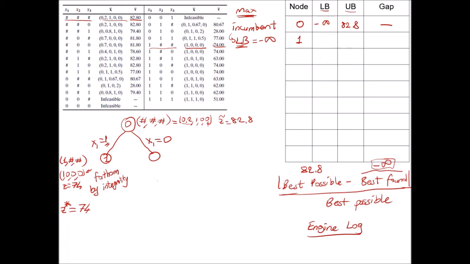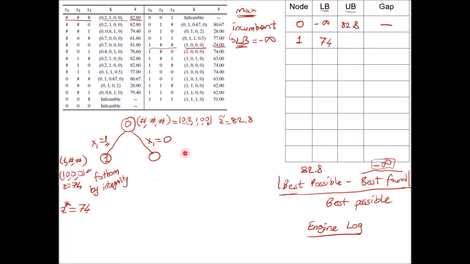Now this is my new lower bound. So my new lower bound is 74. And what is the upper bound? What is the best possible? In order to obtain the best possible value, I need to look at the parents of the open branches. So the only open branch is this one. And the parent of this one is this. And the value of the parent is 82.8.